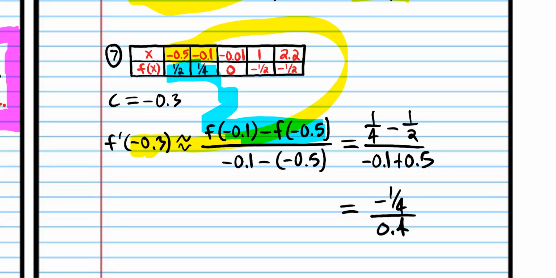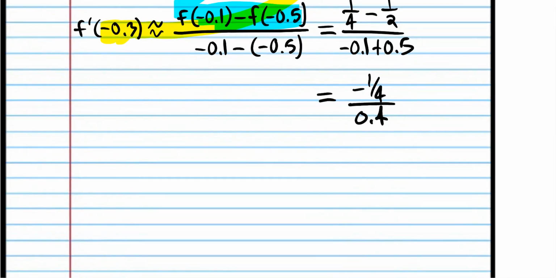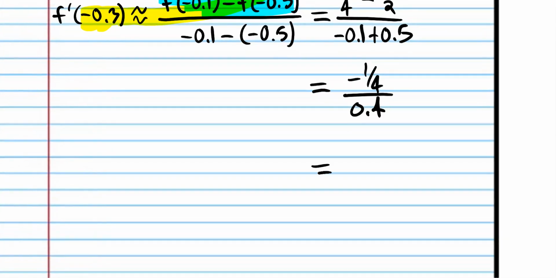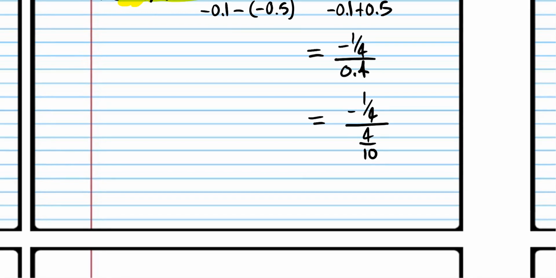At this point, a lot of students in calculus would just use a calculator. That's fine if you want to do that. But we can change 0.4 to 4/10. And then when we simplify that complex fraction, we get negative 5/8.